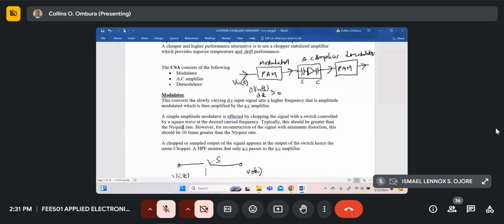So we sample it at a higher frequency than that of Nyquist rate. So I've written over here, however, for the reconstruction of the signal with minimum distortion, this should be at least 10 times that of Nyquist rate. In your telecommunication, I'm sure you came across Nyquist and Shannon. Sometimes this is known as Shannon's theory. Sometimes it's called Nyquist rate.